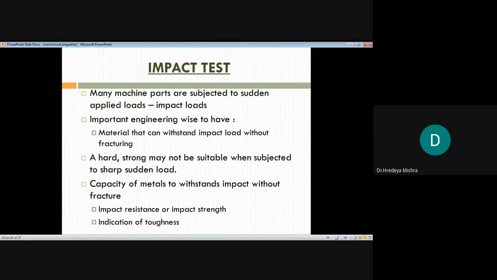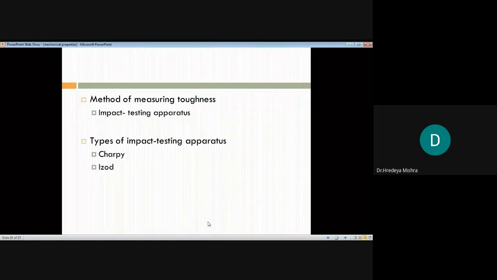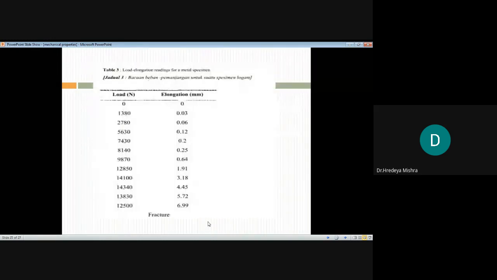Okay, so the table is given, and we are supposed to draw the xy line on it. See, this is the table.